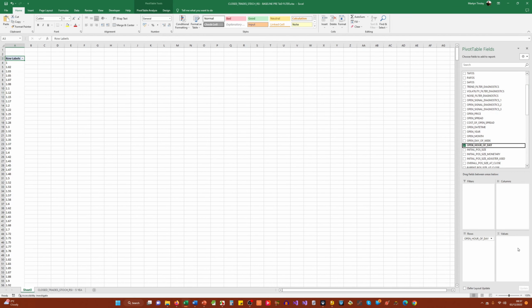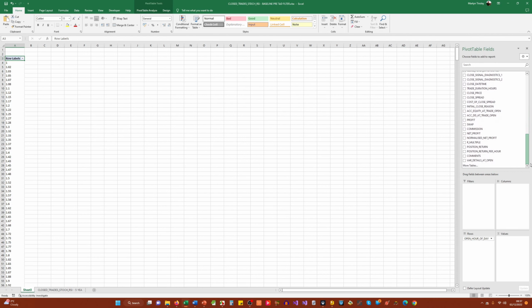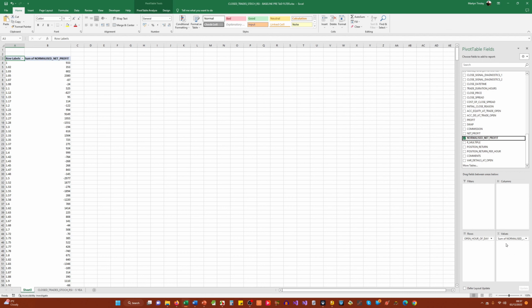And then in the values section, I'm going to choose what I call the normalized net profit. Now, this value is normalized for the position size so that all trades have an equal weighting regardless of how large their position size is. Now, in our case, because we're just using minimum lots, this doesn't really matter because every trade is being opened with 0.01 lots.